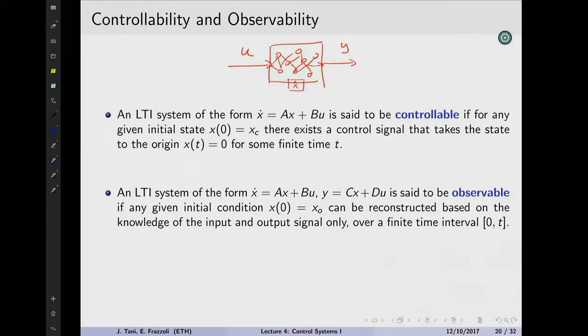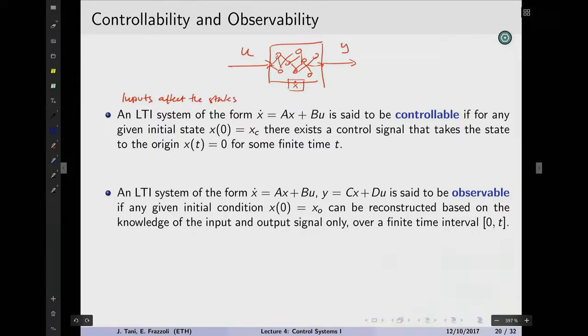I'm just saying, given any random initial condition, does there exist an input that allows us to pick the system and drive it to a combination of states where we want? If this is possible, the system is called controllable. If it's not possible, the system is called not controllable.